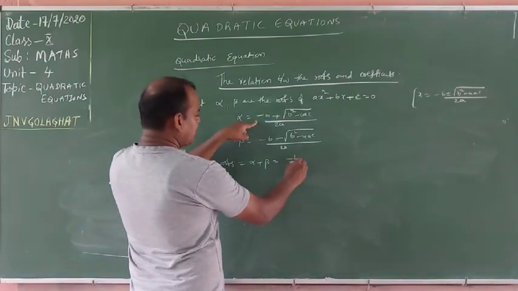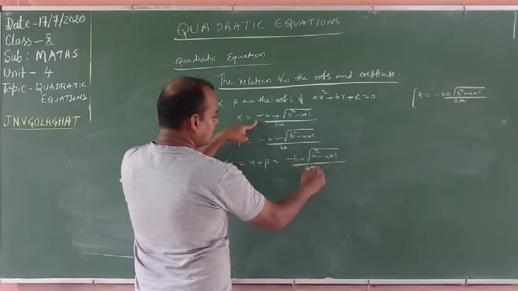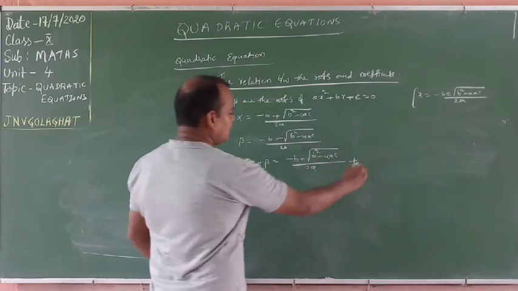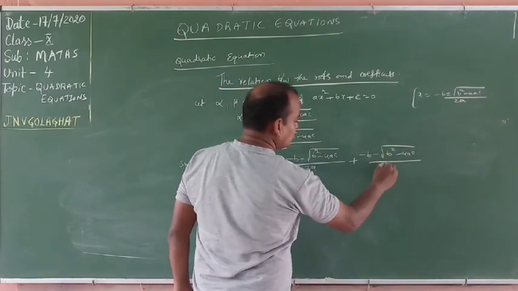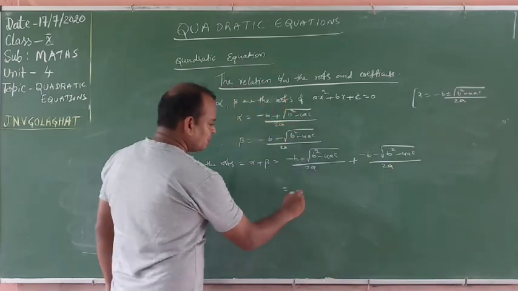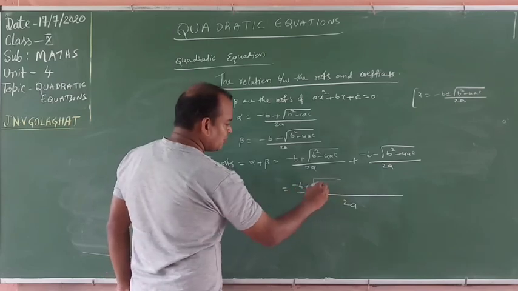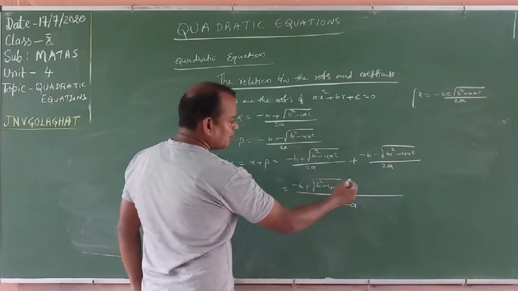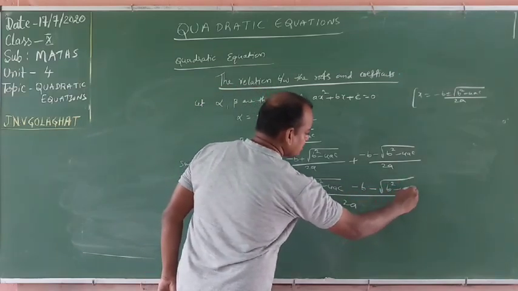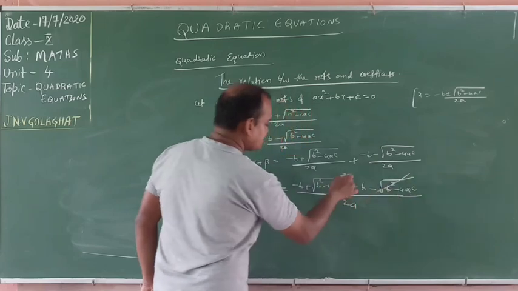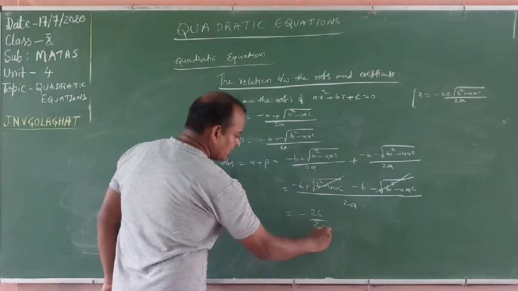Alpha plus beta. What is alpha? Minus b plus root over b square minus 4ac by 2a, plus beta, minus b minus root over b square minus 4ac by 2a. Now take the LCM, 2a. Minus b plus root over b square minus 4ac, plus minus b minus root over b square minus 4ac. Now this one cancelled. Minus b minus b is minus 2b by 2a. 2 cancel.